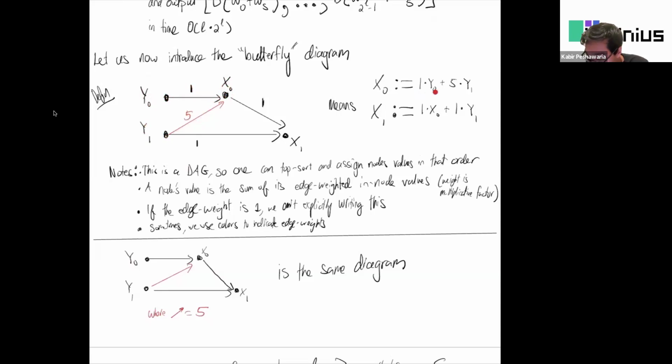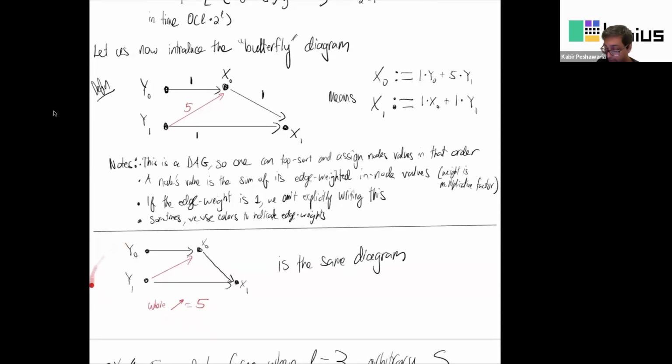X0 is going to be set to 1 times y0 plus 5 times y1. X1 is going to be set as 1 times y1 plus 1 times x0. So that's what the butterfly diagram is. I would recommend getting comfortable with this diagram before we move on.